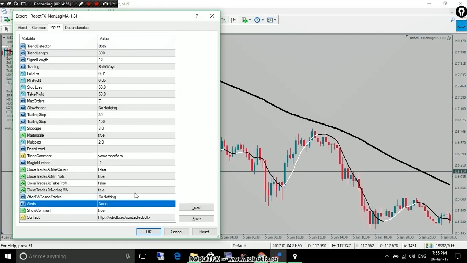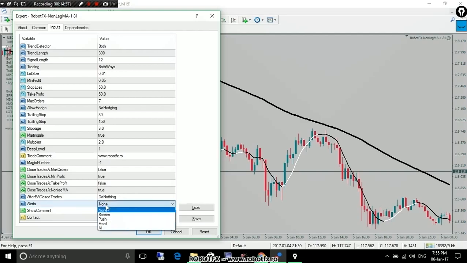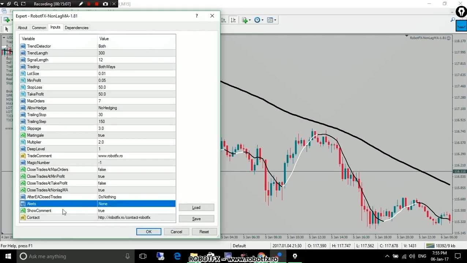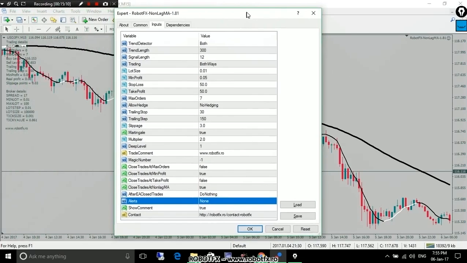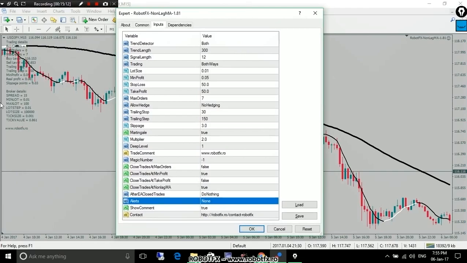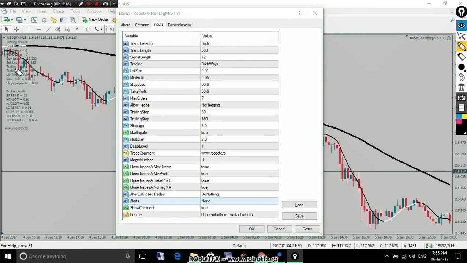You have the option to set alerts, screen alerts or notifications on your mobile. It's either push notifications, email, or all of them. What else? You have the option to disable the comments on the chart, but I suggest you leave them because they display useful information about the broker and the limits.